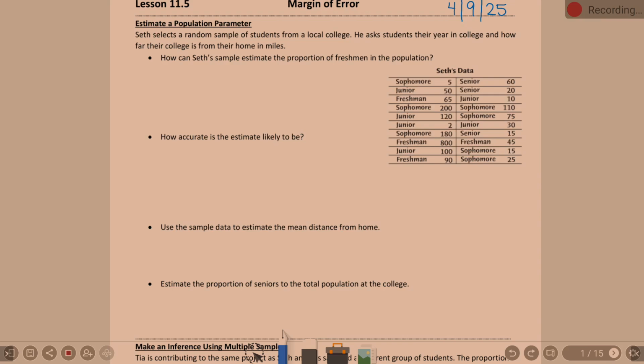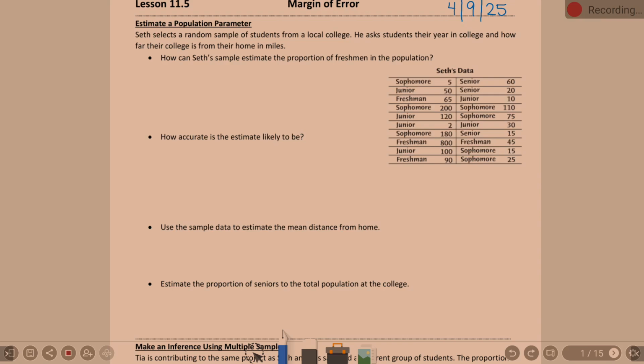What are you thinking, Ian? Take the whole number of everyone being sampled, and then divide the number of freshmen by that. Okay. So can we look at the proportion of freshmen in Seth's sample? If this is a random sample, the idea is that the sample should represent the population.